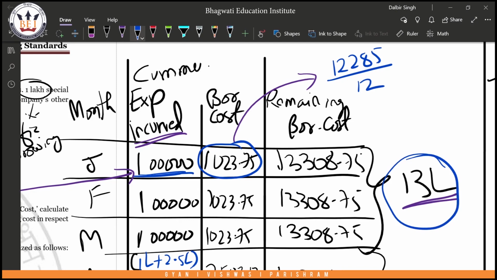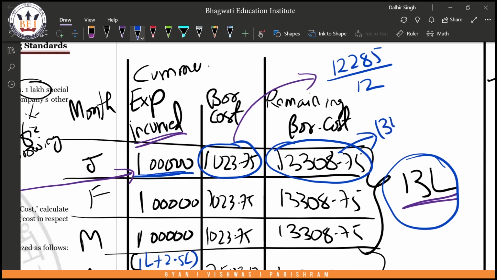So if you compute the interest on 13 lakhs into 12.285%, now you'll get 1,59,709. Yes, we need what is for 1 month. If you do that, you get 13,308.75. How did I get this?